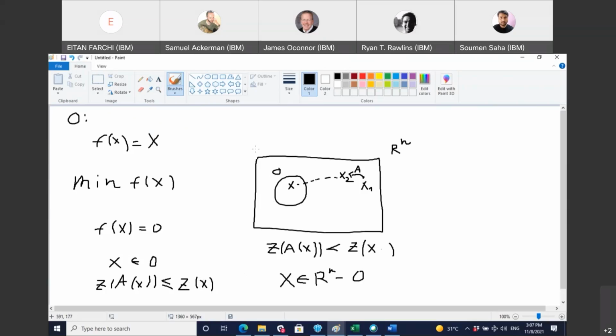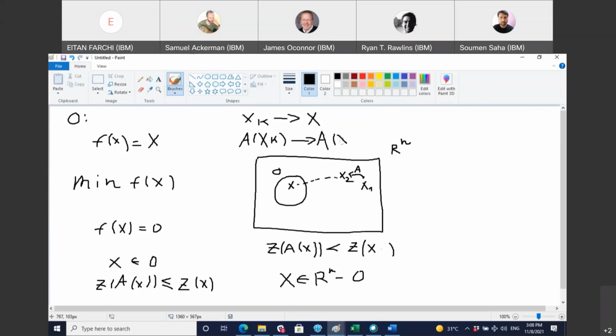And the only other assumption is that if I have some series of points in Rn that converges to x, then the algorithm applied on that point converges to A of x.